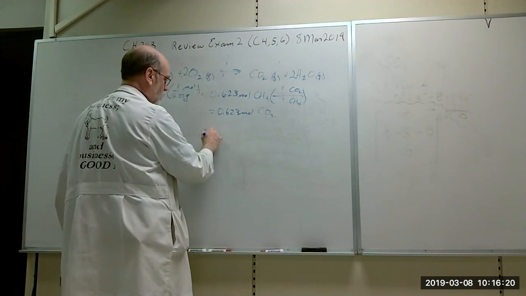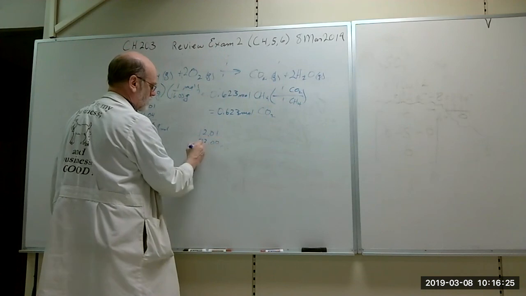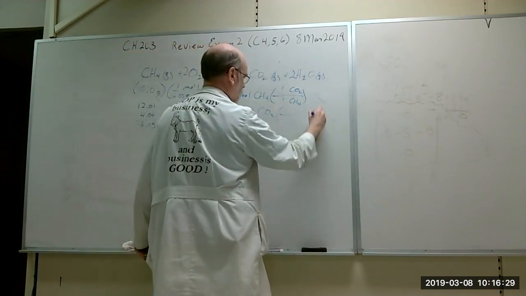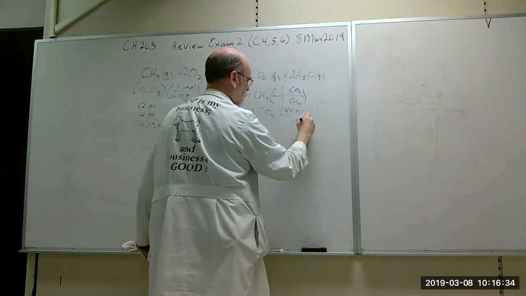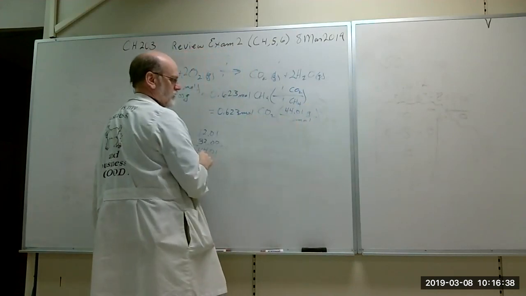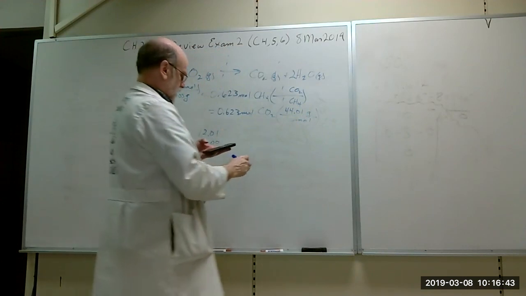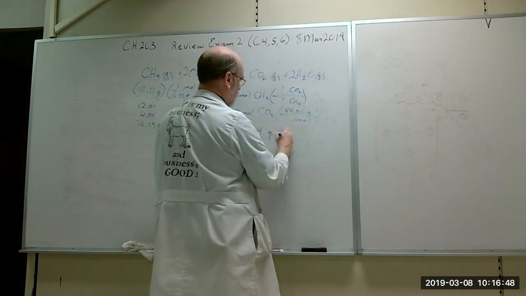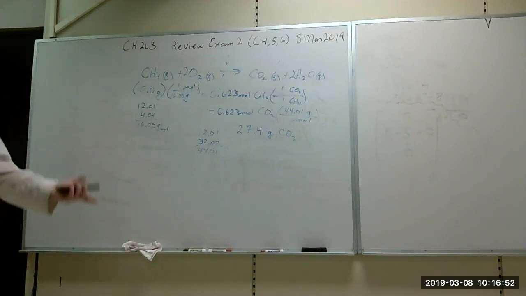So we need 12.01, and then 2 oxygens is 32. So that's 44.01 in our conversion factor. In this case, I put grams on top, moles on the bottom, because I'm canceling moles. So 44.01 times that means we produce 27.4 grams of CO2. And there's your answer. That's stoichiometry.